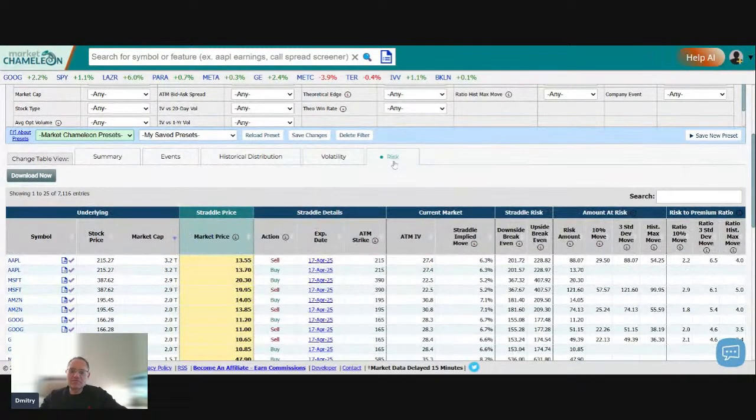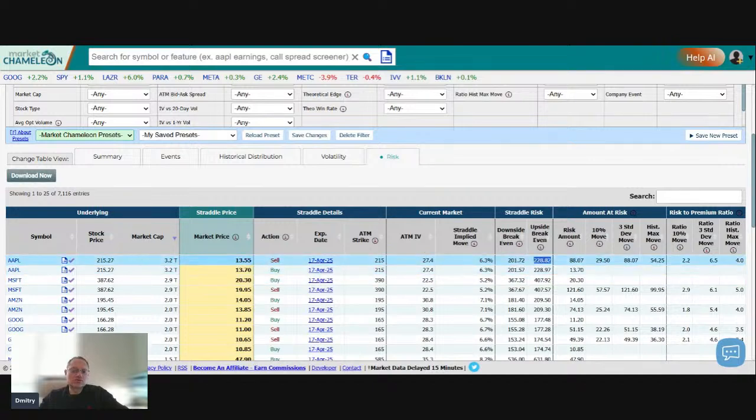And this next tab is the risk. What this is showing is your break even to the downside and upside.